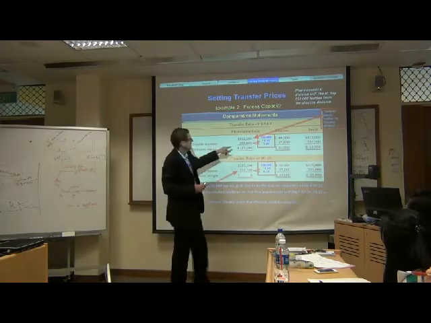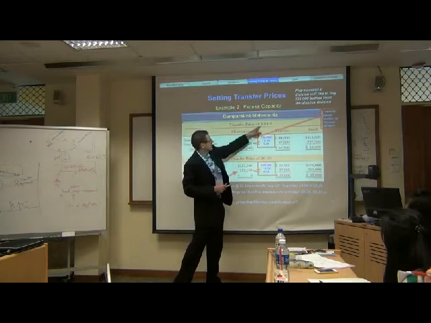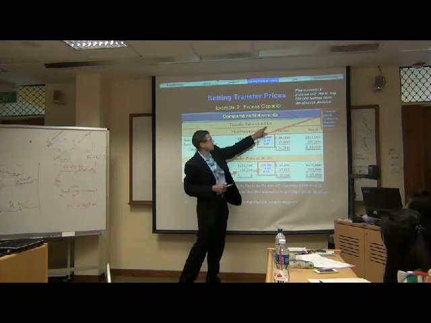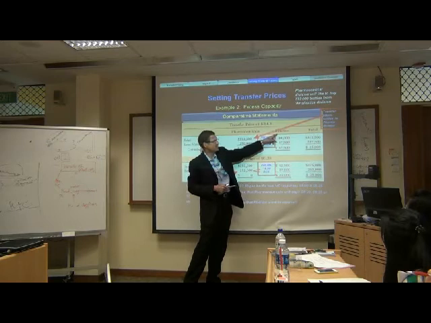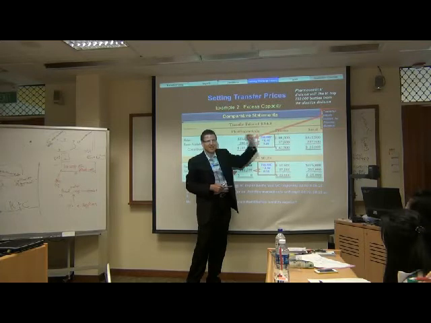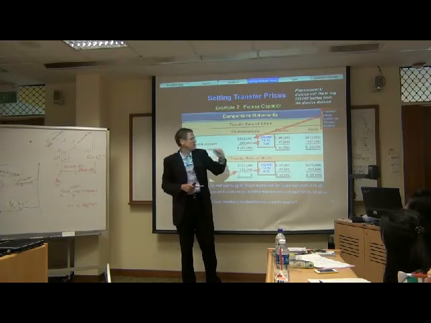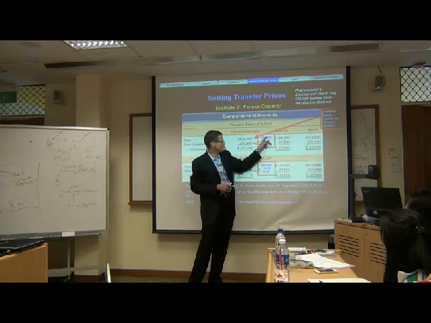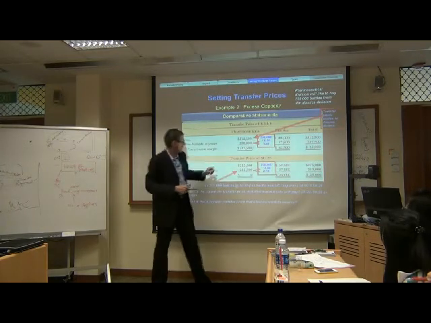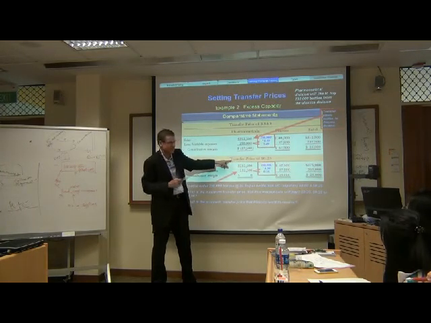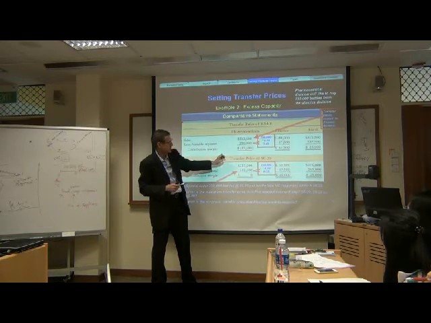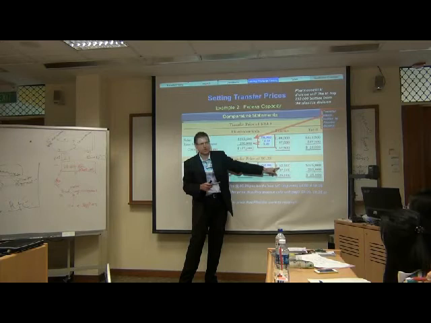Notice, if they're buying 250,000 bottles at 40 cents a bottle, how much do they have to pay the plastics division? $100,000. 250,000 times 40. Now, if the transfer price is 25 cents a bottle, how much do they pay? 62,500.